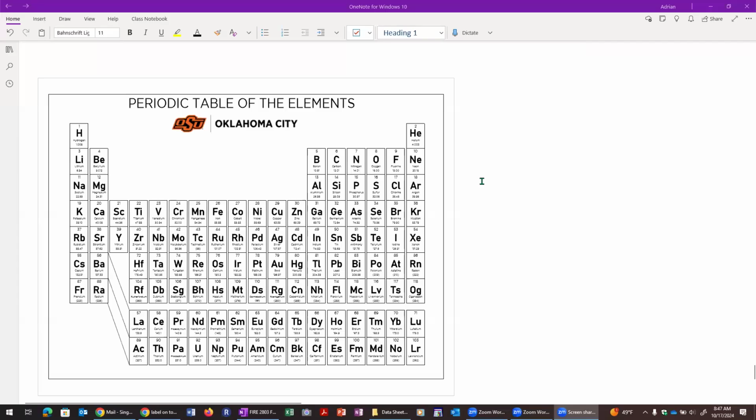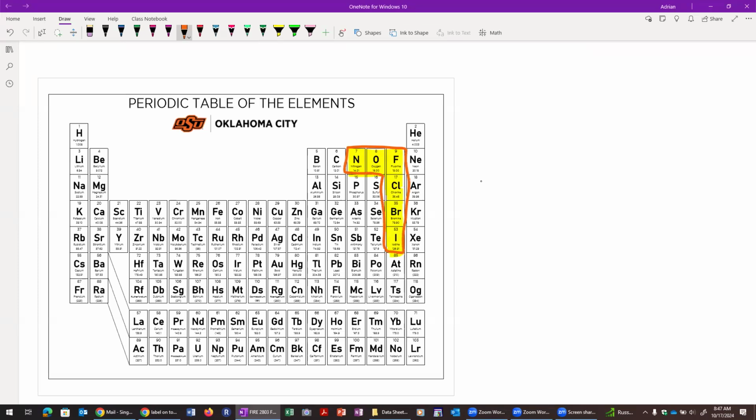If we find where these are on the periodic table, you can see that they form a nice little pattern. There's the nitrogen, and there's the oxygen and the fluorine. And then we also have the chlorine, the bromine, and the iodine. If you were to outline where these elements are found, you can trace a pattern that looks like a number 7, because there's 7 of these.